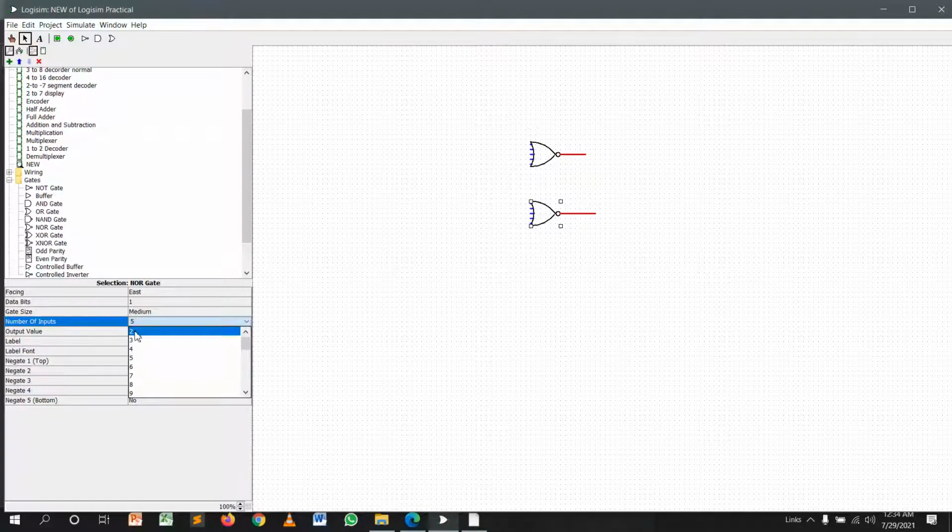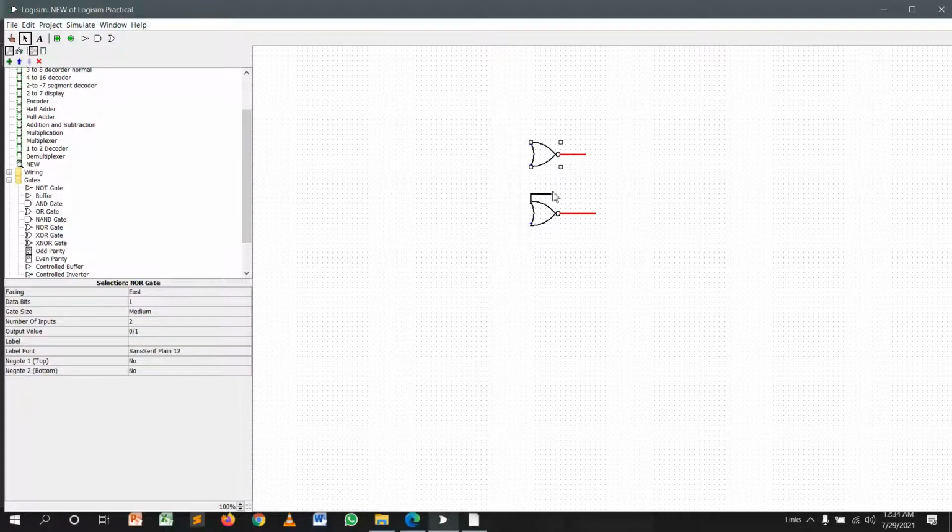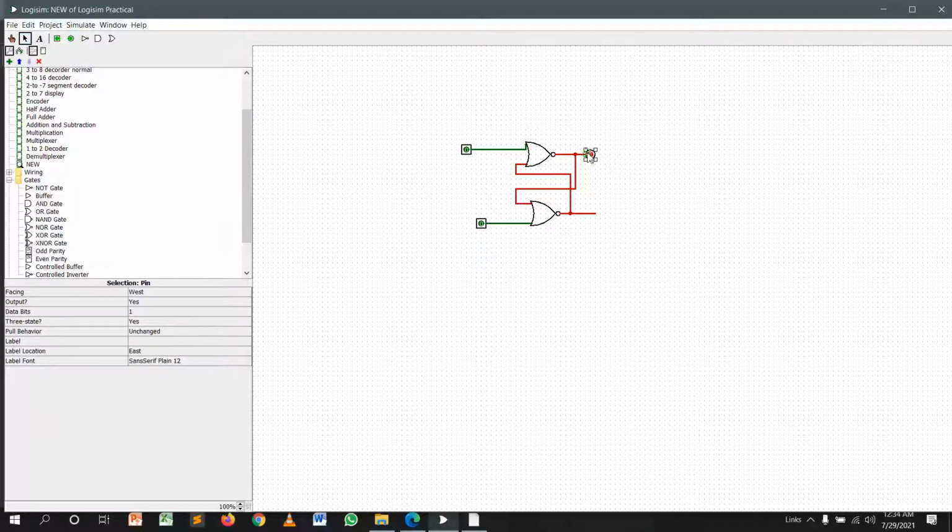We have to get two inputs and connect them, and to input two values: first one, second one, one input, another input, output, and another output. Now I'll show how to implement this circuit.